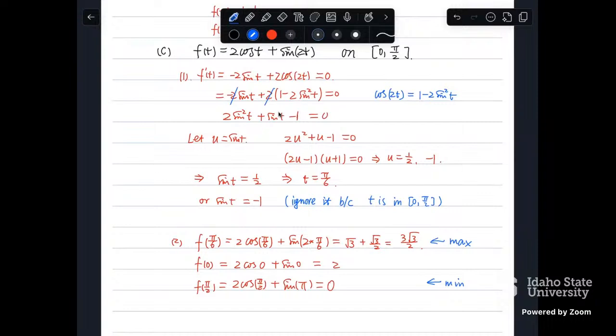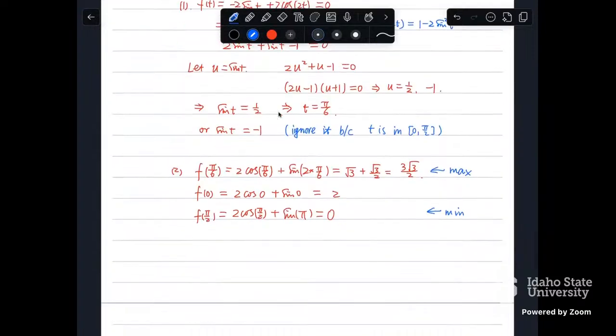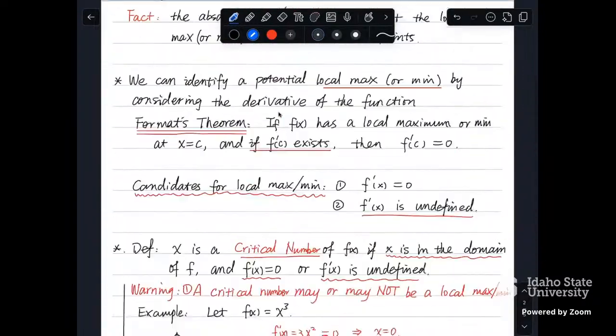After you find the critical numbers, you plug them into the original function to find the function values, and also plug the endpoints into the function. Then you compare those values and figure out the maximum and minimum value. This is what we call the closed interval method, right? Make sense? All right, any question before we move on? We're done for this section, okay?